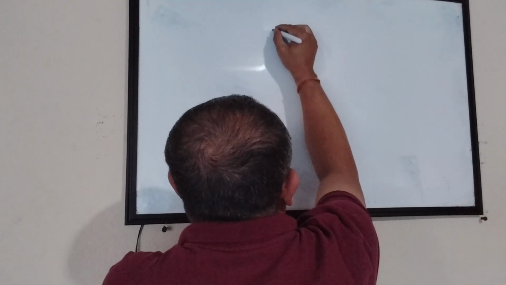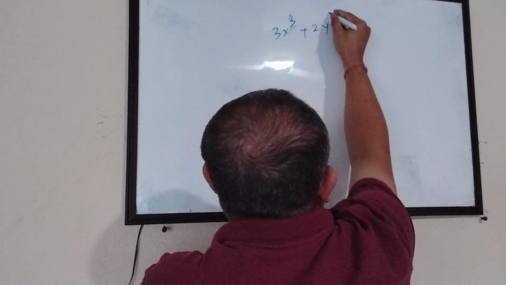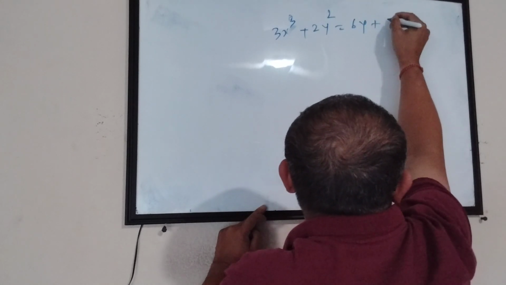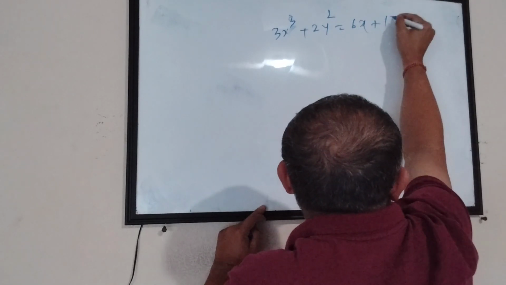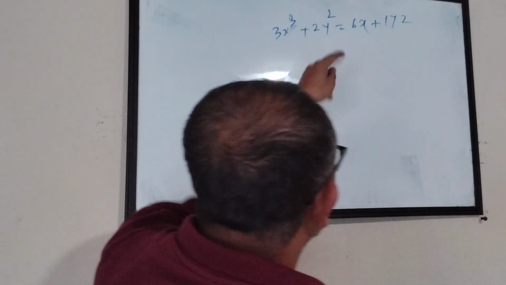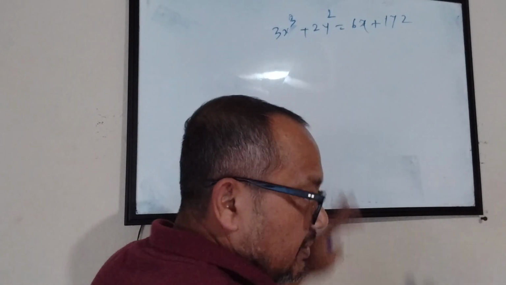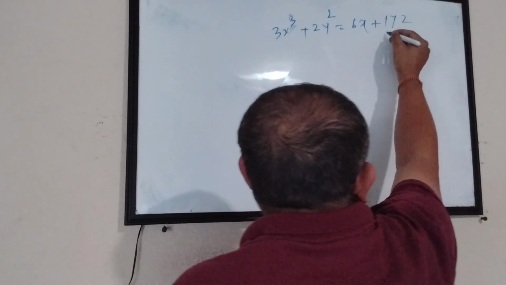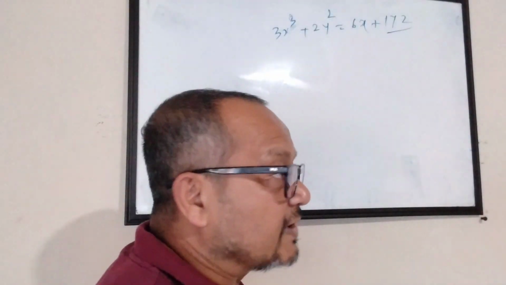Let's say I have 3x cubed plus 2y squared equals 6x plus 172, and I have to convert this into a function. Okay, got it.